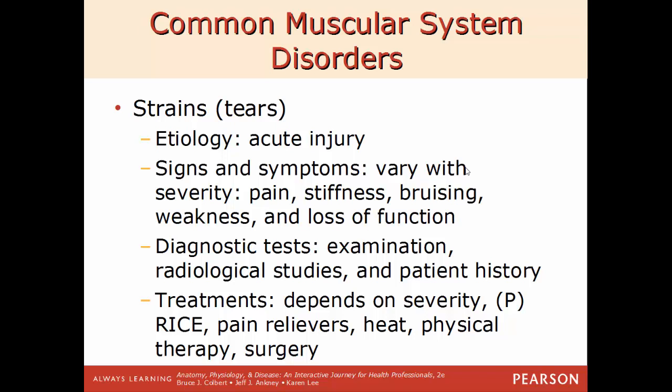Diagnostic tests: exam, radiological studies like X-ray or MRI, and patient history. Treatments will depend on how severe the injury is, but the PRICE format is always good: protection, rest, ice, compression, elevation. Physical therapy and surgery if needed. Those are all common treatments for strains.